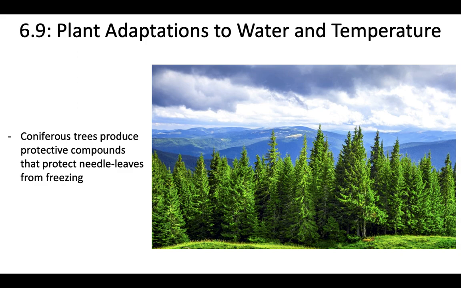When they do shed their needles and they decay in the soil, they release those compounds that protect them from freezing, which is what makes soils acidic, which we talked about previously when we talked about soil and podzolization.